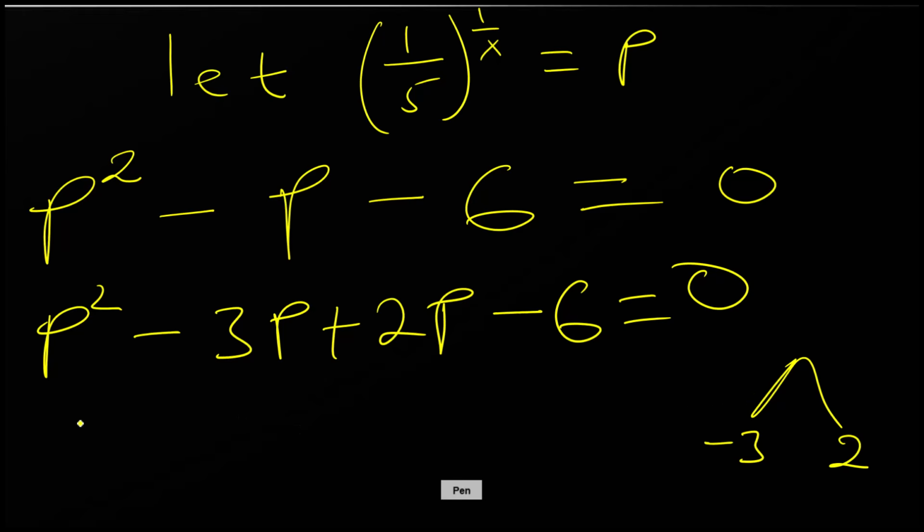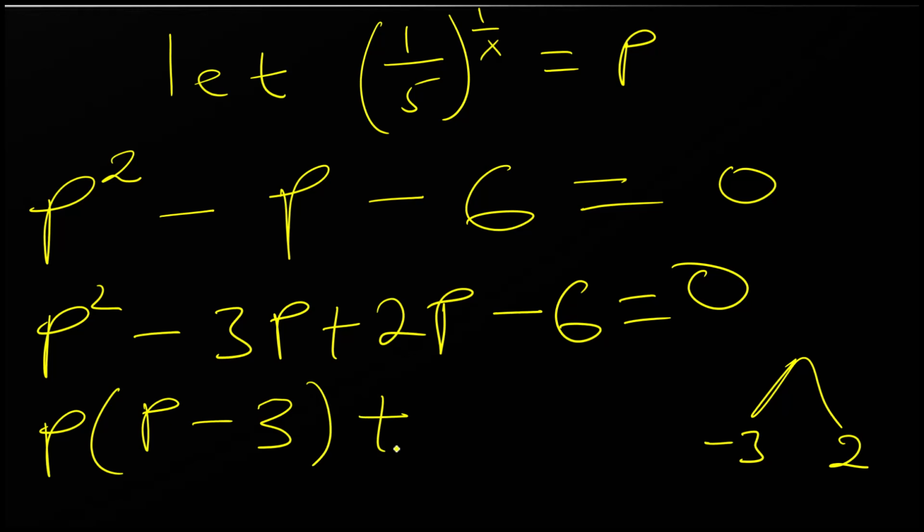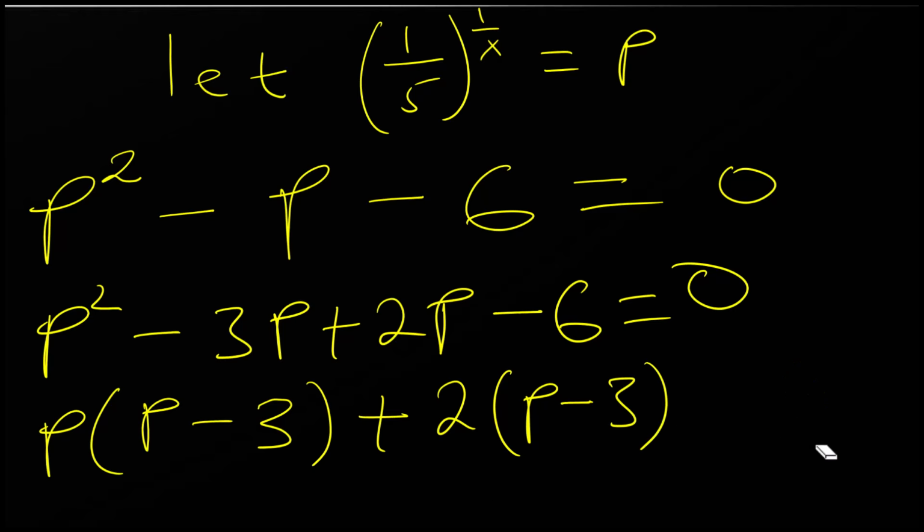So from here, p out, p minus 3. Then we have 2 out, p minus 3 equals 0.